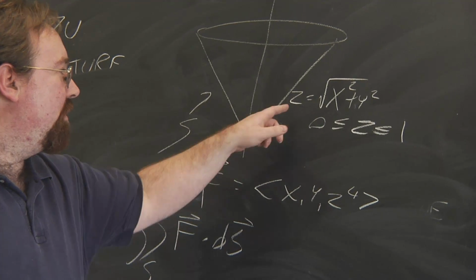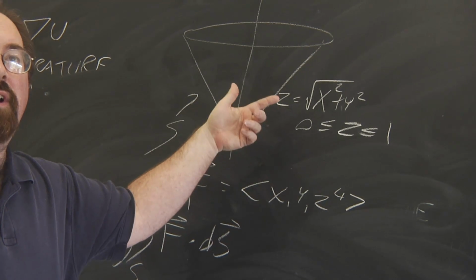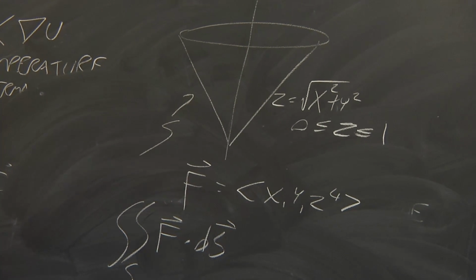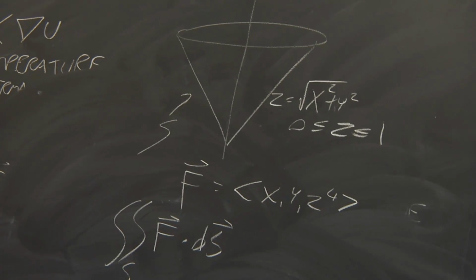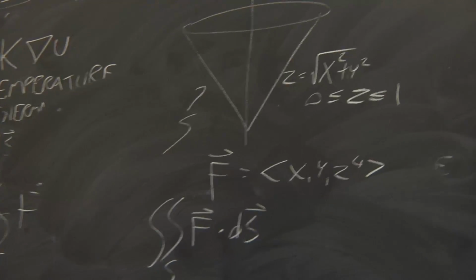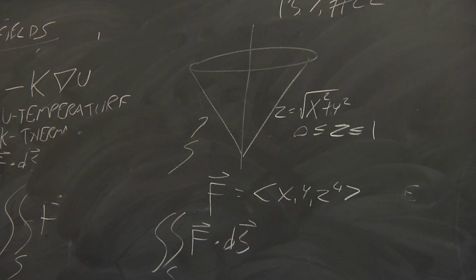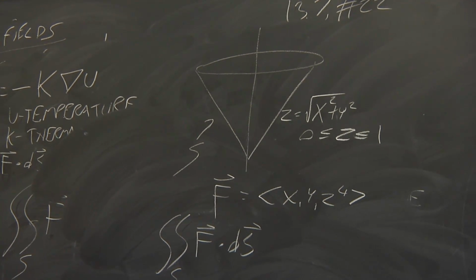Now it's tempting to use the fact that this surface has a relatively simple definition. It's the graph of a function of two variables. And we could use that. But the fact is, no matter how you go about this problem, at some point you have to involve polar or cylindrical coordinates.